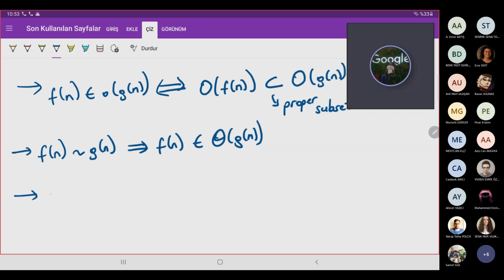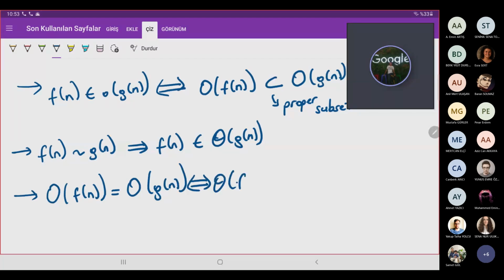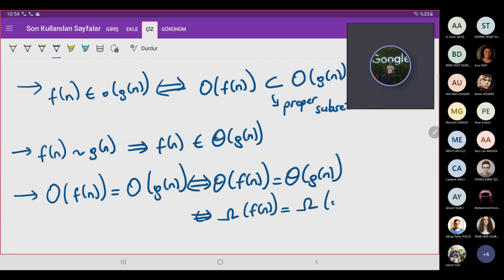Big O Fn is equal to big O Gn if and only if theta Fn is equal to theta Gn. We are now talking about the equality of two sets. If and only if, again, omega Fn is equal to omega Gn.